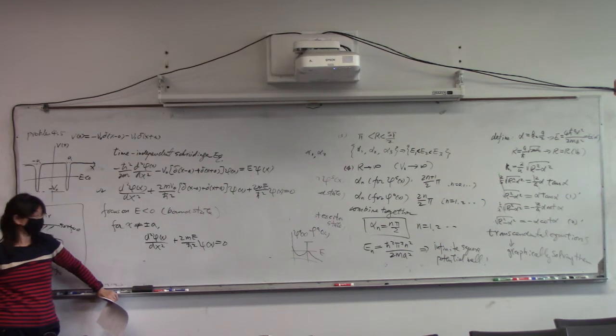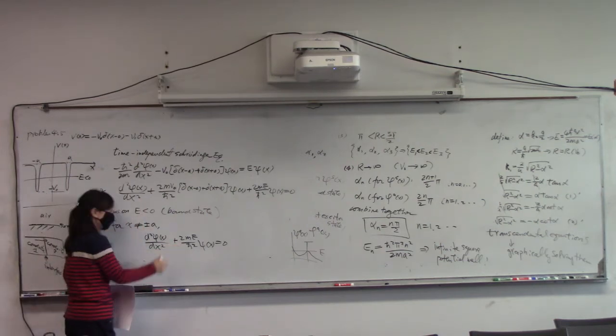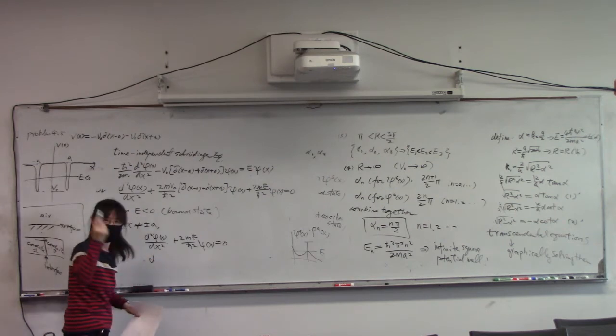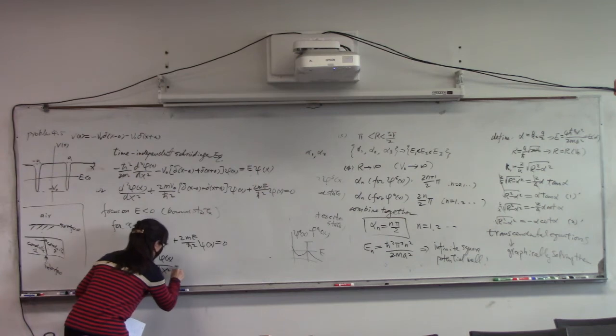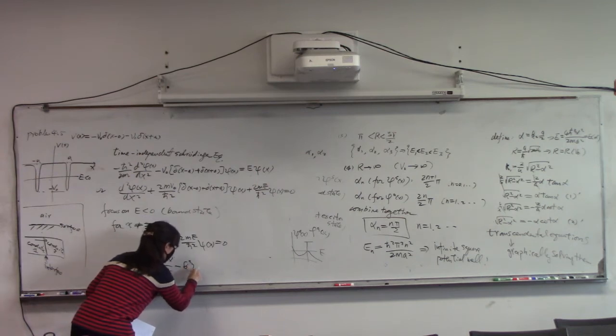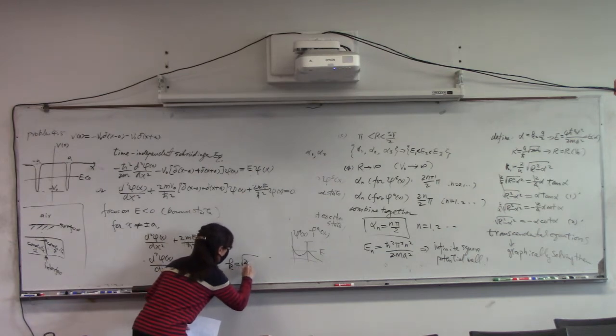Here the coefficient is negative, so it is exponential. So psi double prime minus k squared psi equals 0. Here I define k as the square root of 2m times the absolute value of energy, over h bar.